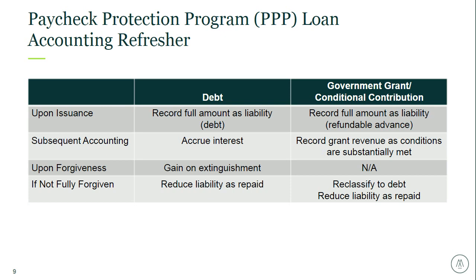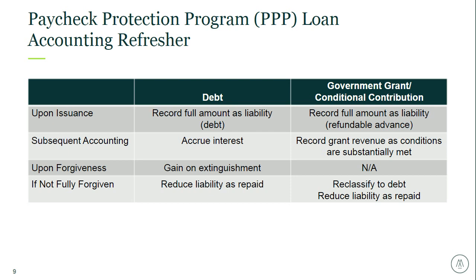The first way is just accounting for it as any other debt. So in essence and in form, it really is a debt agreement. So in that situation, when the PPP loan was received, you would record the full amount as a liability. As it goes through, you are accruing interest and recording that accrual.